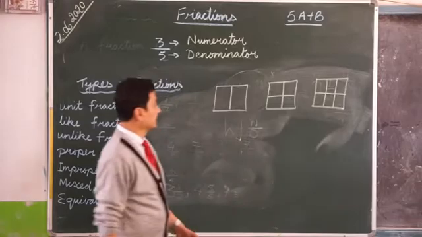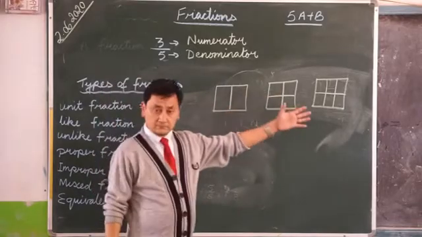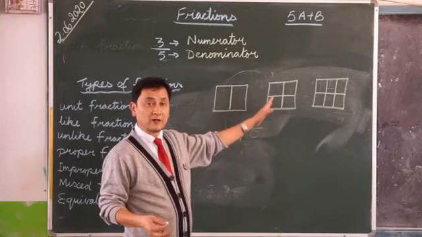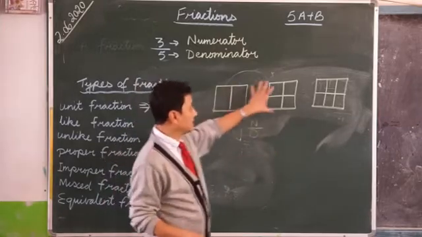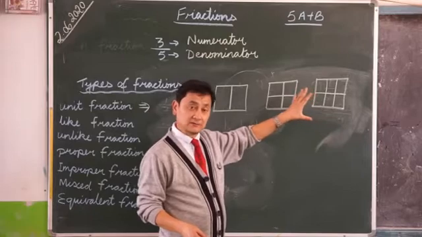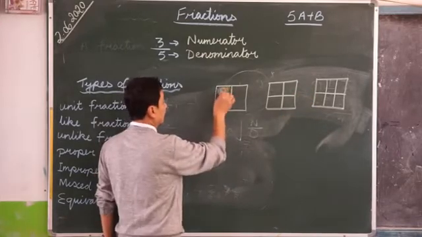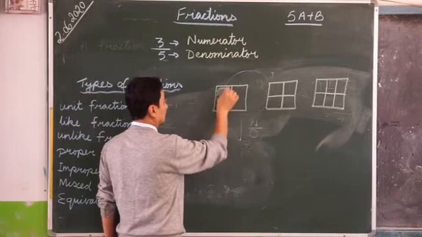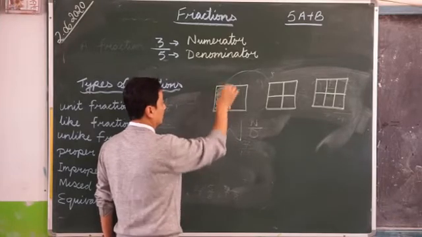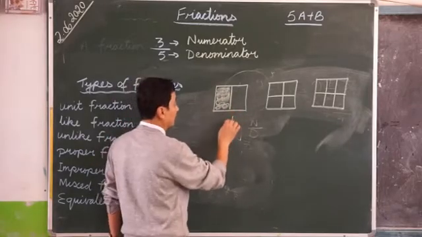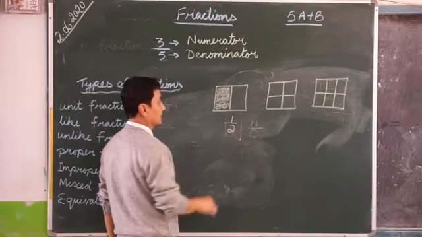Now, do you think that these cakes, okay, let's take the word cake, is bigger than one another? No, all are same sizes. Okay? So just say if you are given one part of this cake, half. So 1 upon 2 parts you are given.